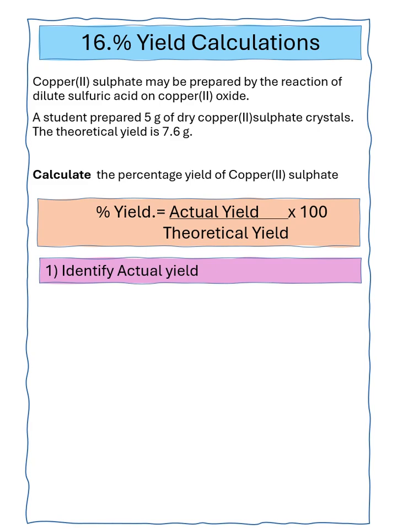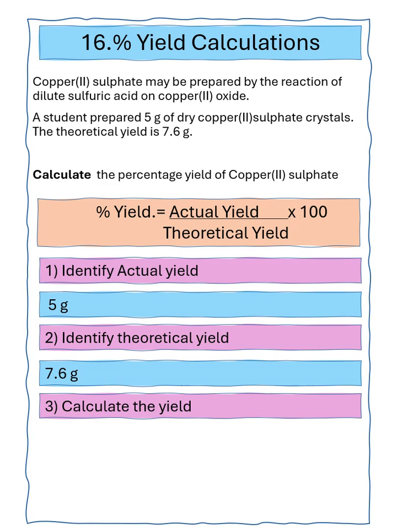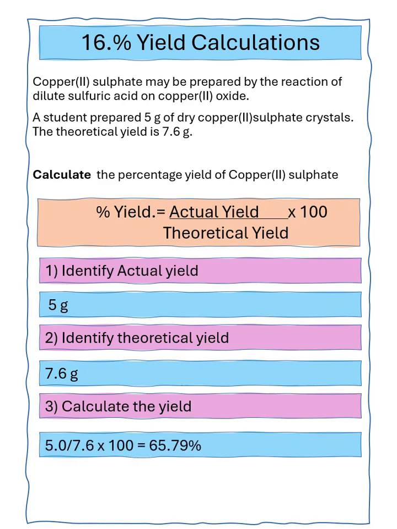We identify the actual yield, so from this question that's 5 grams. We then identify the theoretical yield, so that's 7.6 grams from the information. We then calculate the yield by putting the numbers into the equation. So 5 divided by 7.6 times 100 equals a percentage yield of 65.79.